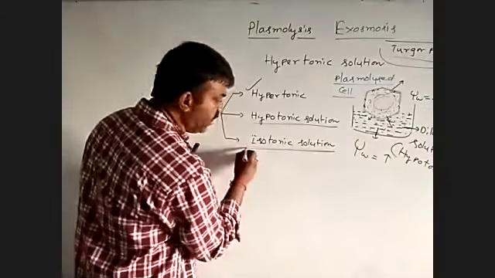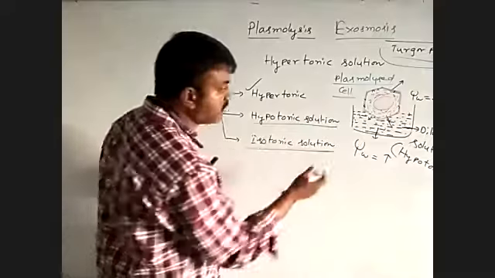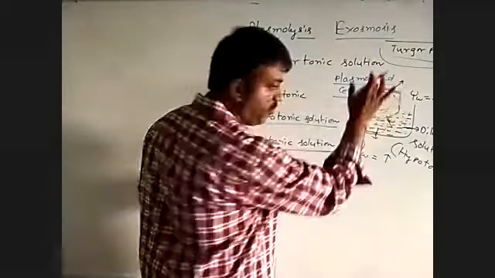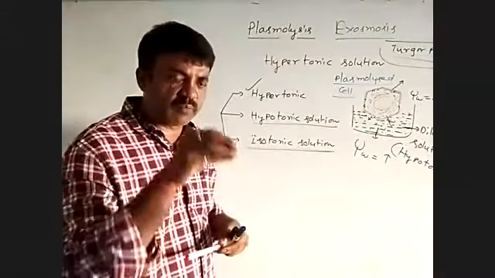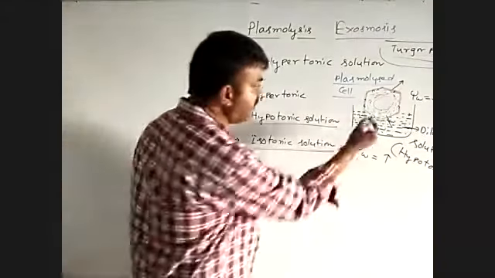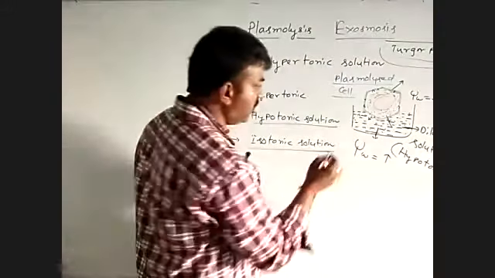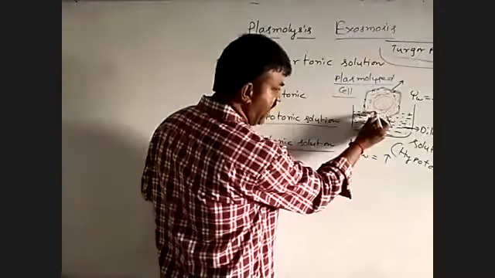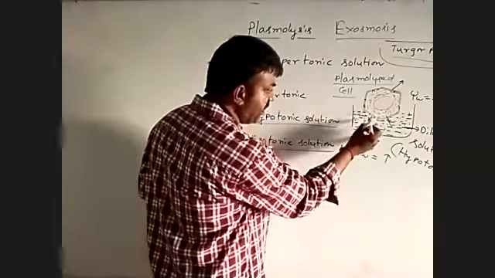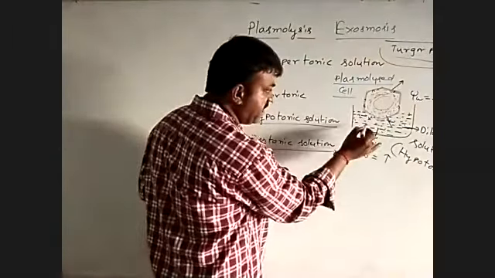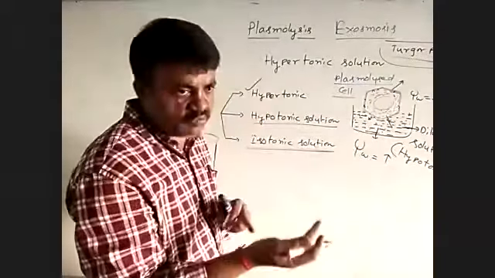Isotonic solution balances the osmotic pressure of the cytoplasm. That means it balances the osmotic pressure or osmotic potential in the cytoplasm. Simply put, in both cell and surrounding, osmotic potential remains the same as well as water potential remains the same. The water potential is the same in both places.